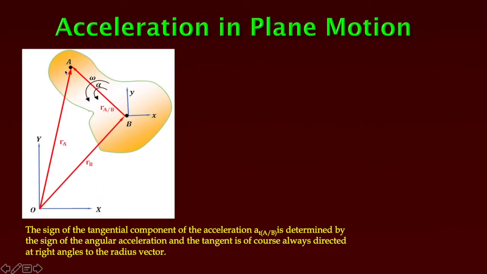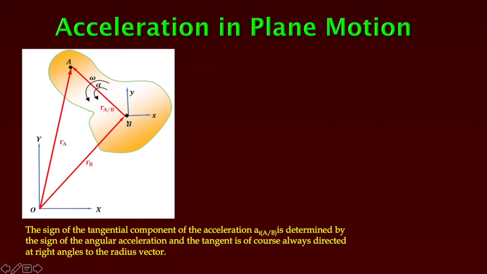Let us consider a plane of a rigid body, and it is rotating about a reference point O. Now within the body there is another moving reference system, small xy.